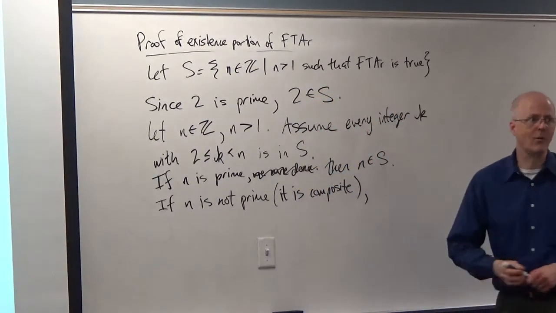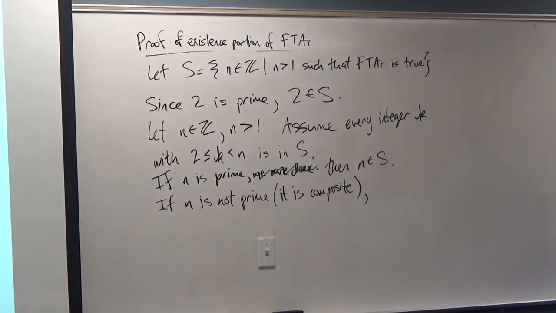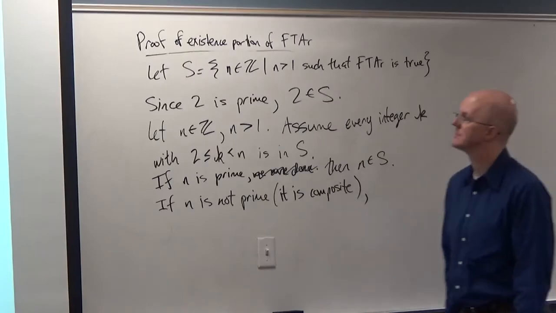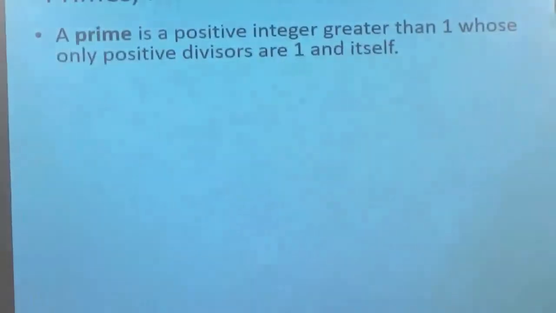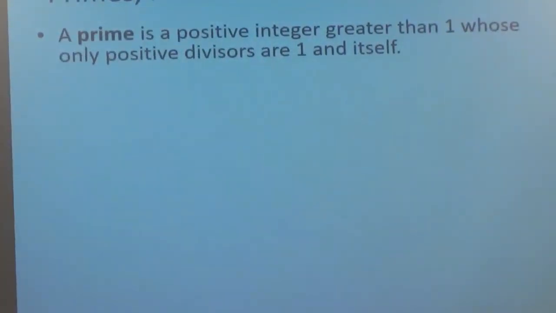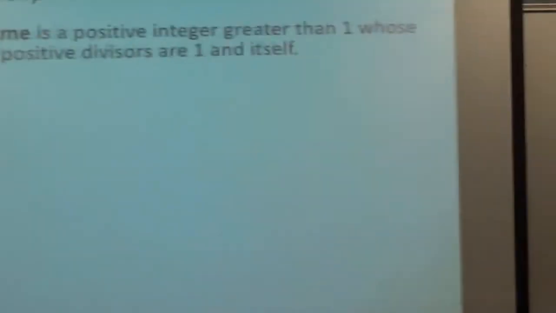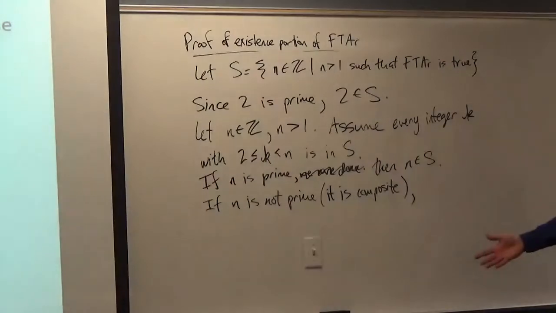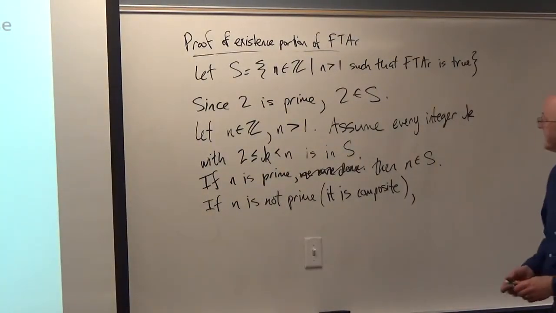Then what? Well, what does it mean to be prime again? It means you are a positive integer greater than 1 whose only positive divisors are 1 and itself. n is a positive integer greater than 1. If it's not prime, it must have some other divisor. It's composite, it's got some other divisor.